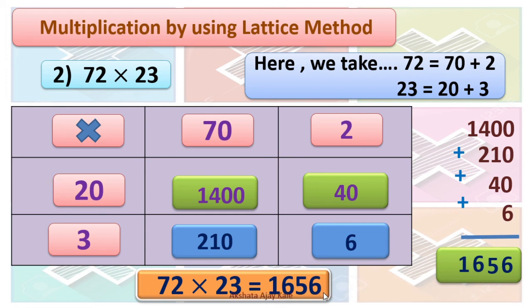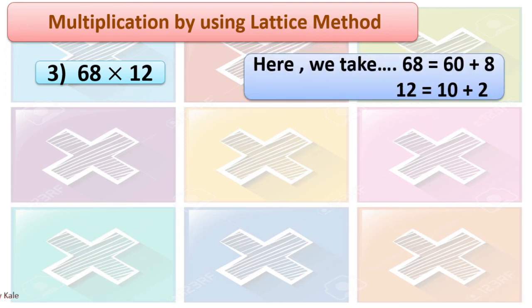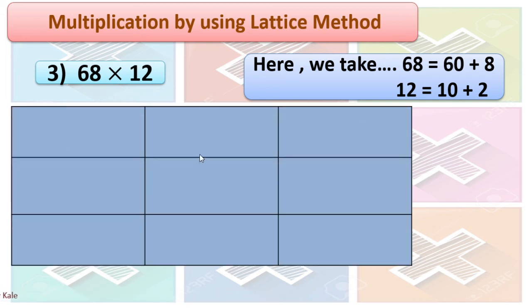One more sum we will try. Okay, say this 68 multiplied by 12. Yes, very good. Expanded form of 68 and 12 are 60 plus 8 and 10 plus 2. Very nice. Here is the table.